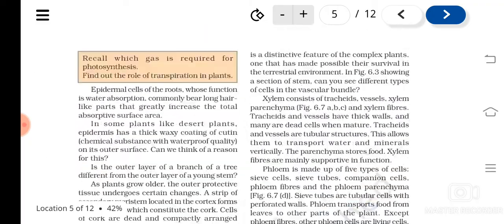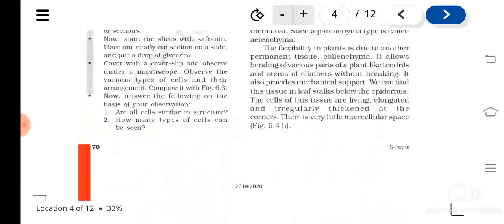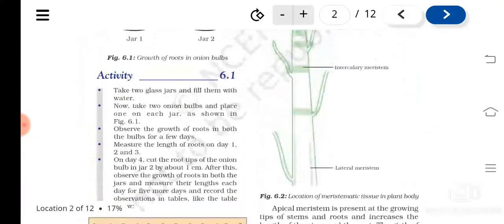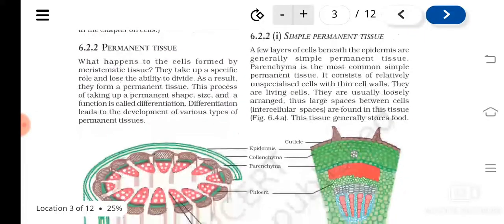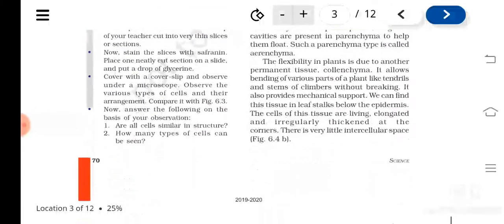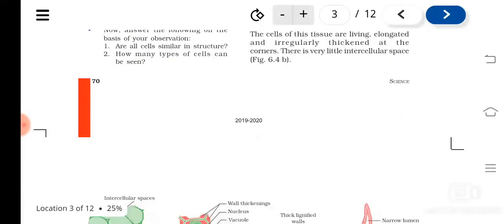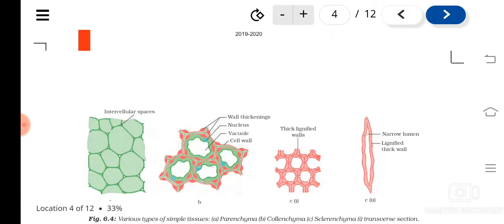And I told, on the other hand, sclerenchyma are cells which have lignin deposition, isn't it? Lignin deposition in their cell wall uniformly. Understood? So here in sclerenchyma you can see the deposition of lignin uniformly.